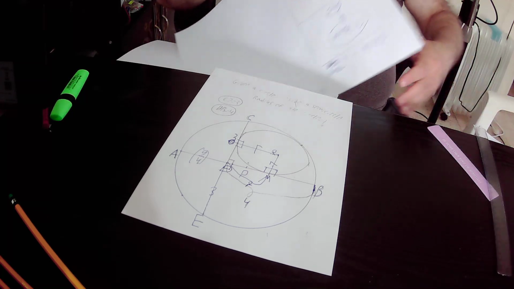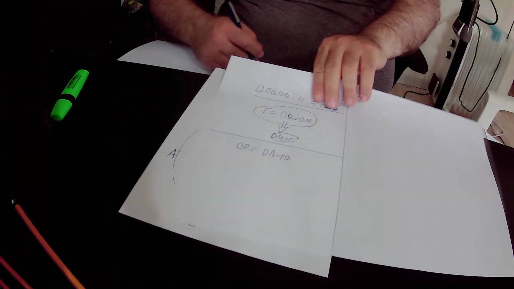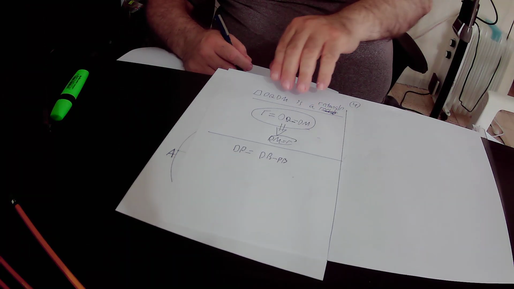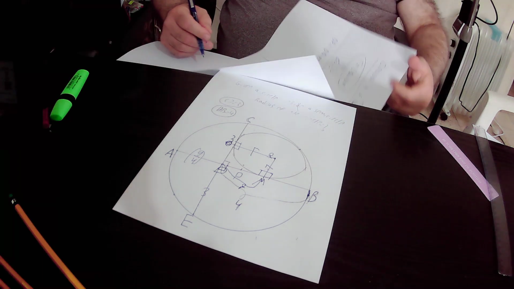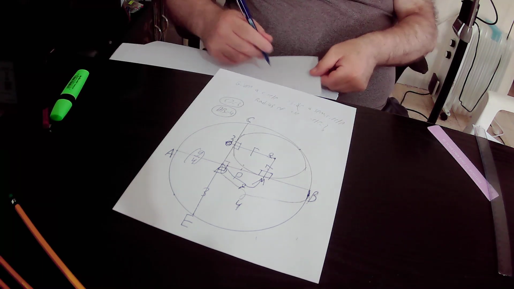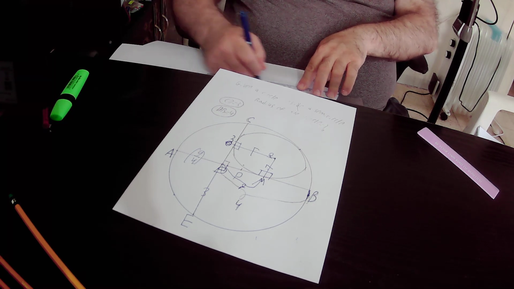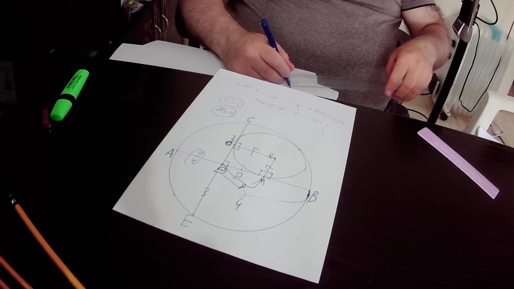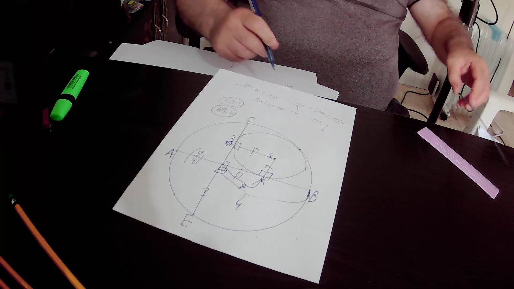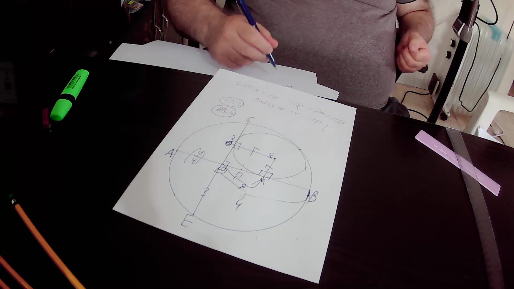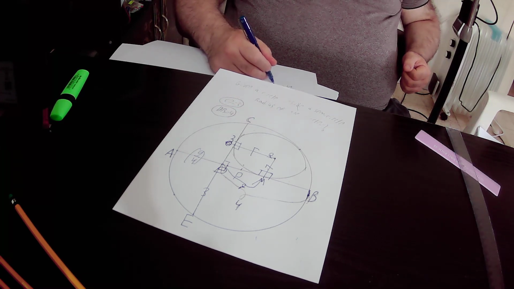Again, DP equals DB minus PB. So DP equals DB, that is 4 units according to what is given in the question, minus PB.